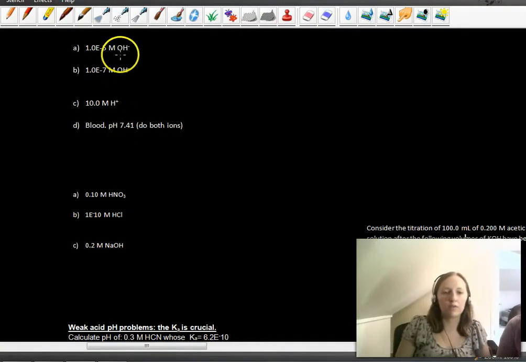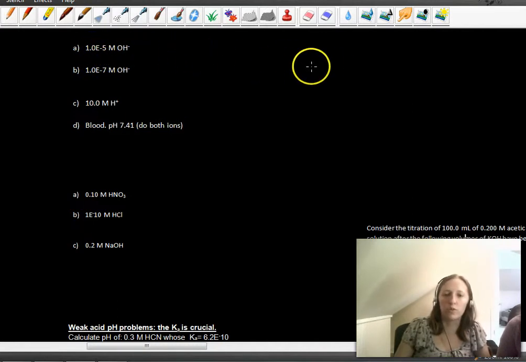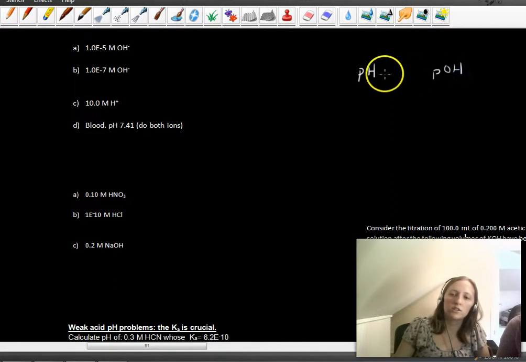All right, if you have hydroxide concentration equal to 1e to the negative 5 molar, you need to remember your little square. You've got pH and pOH. To move between these two, you have to remember that when you add them together, it equals 14.